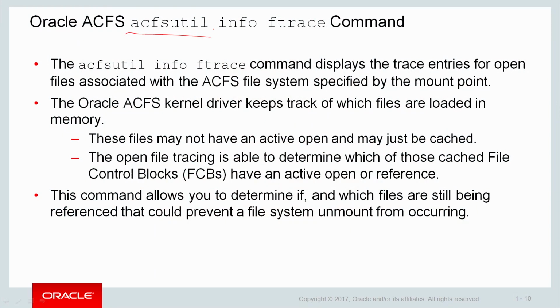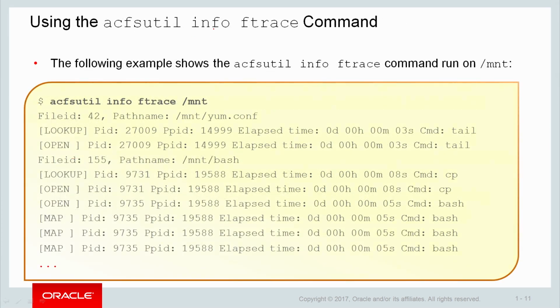The open file tracing is able to determine which of those cached file control blocks have an active open or reference. The command allows you to determine if and which files are still being referenced that could prevent a file system unmounting from occurring. So in this case, we are looking particularly at the /mnt file system.